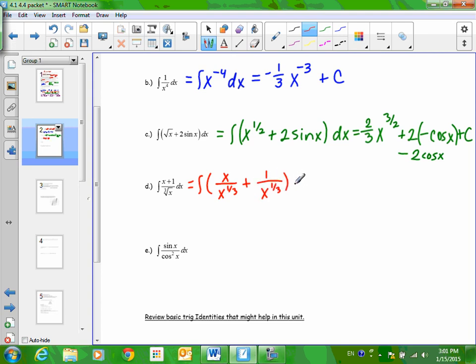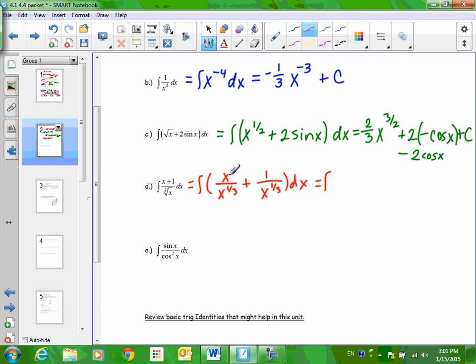You can do this when your denominator is like a single thing, a monomial. We could not have done this if this was like cube root of x plus 2. That wouldn't have worked. We couldn't even do the problem. Don't forget dx.